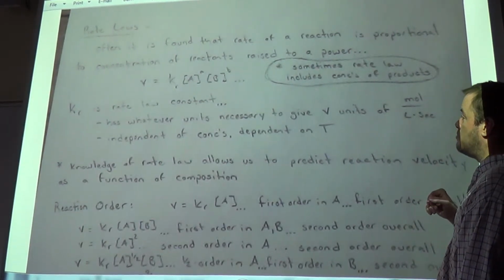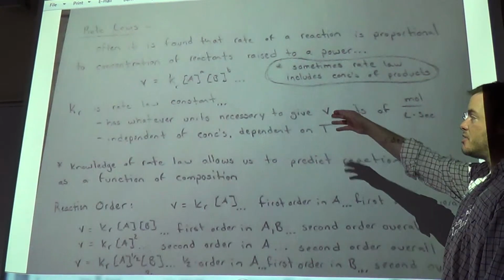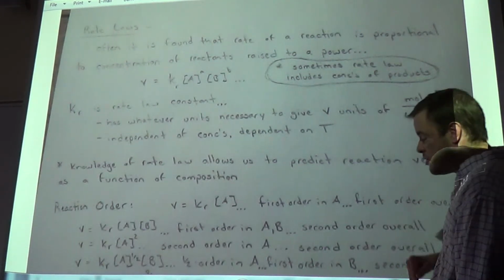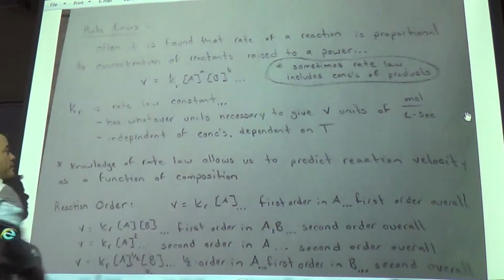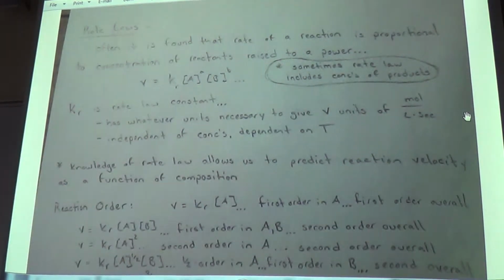But that said, oftentimes you can put the reaction in a position where you get very simple rate laws. And sometimes you don't have to do anything. Sometimes the rate law just comes out simple.